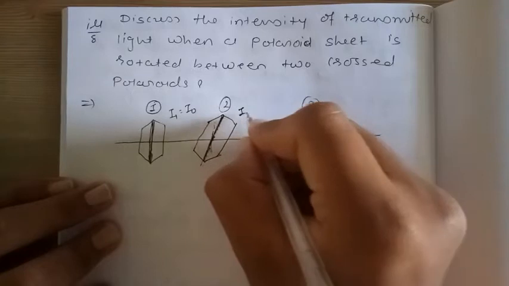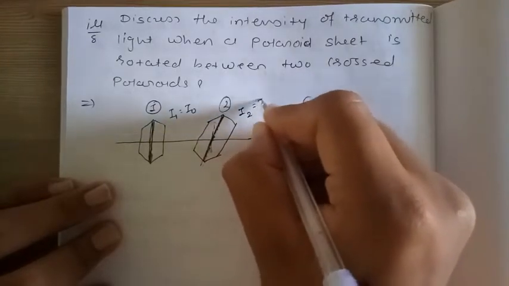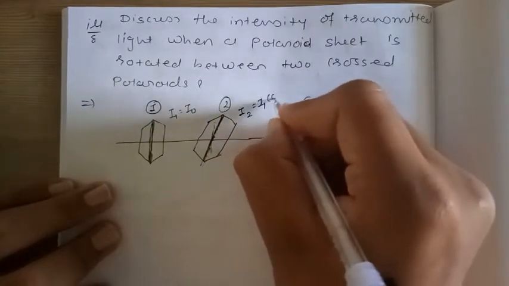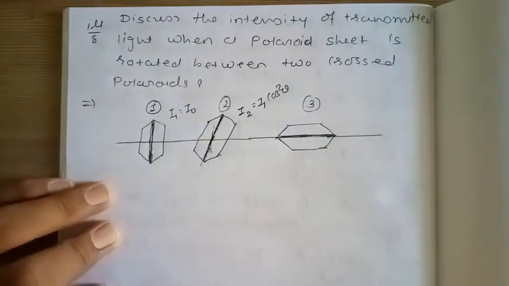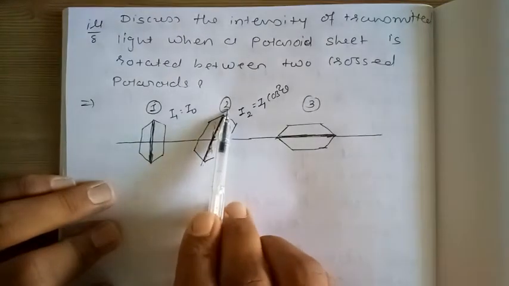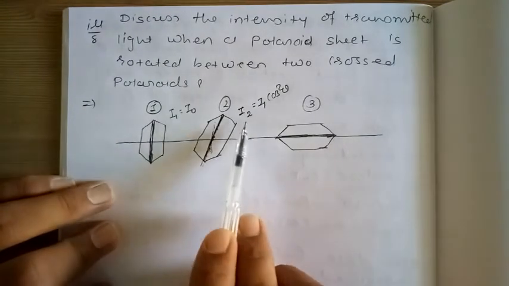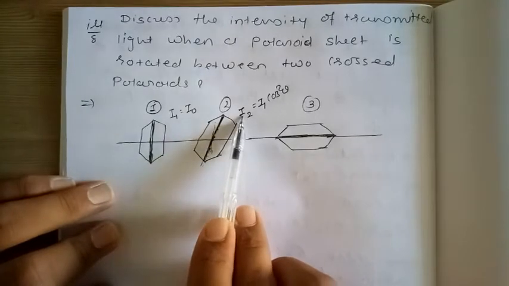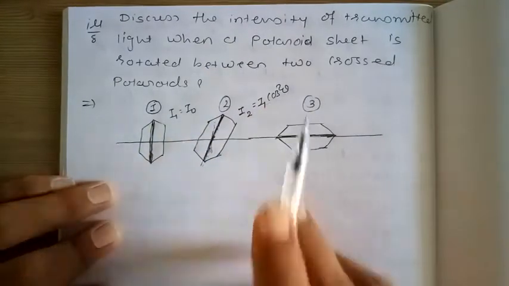So the intensity of Polaroid 2 is I2 equals I1 cos square theta, because we know that I is equal to I0 cos square theta, Malus's law. But here this is the second Polaroid and this is first. So the output is I2 equals I1 cos square theta.